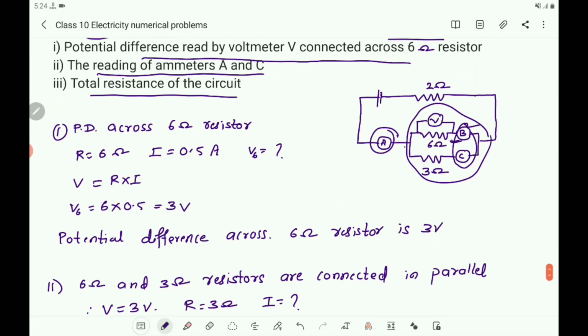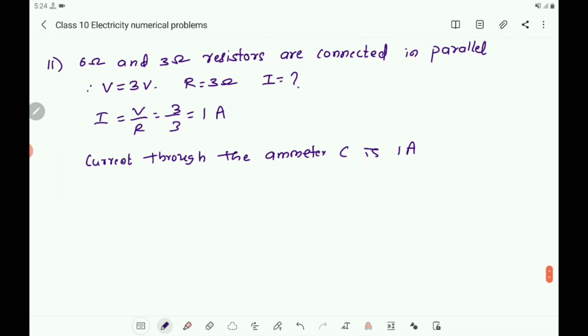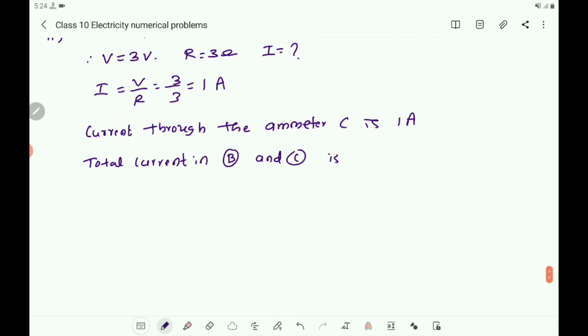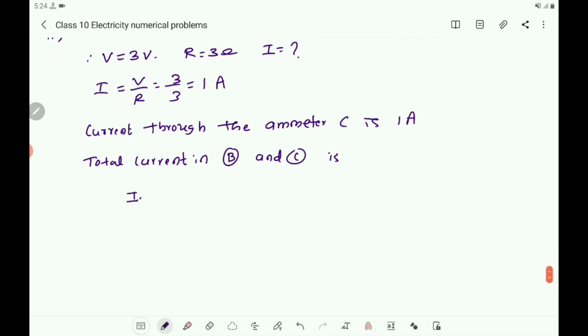So you take total current in B and C is IB plus IC.